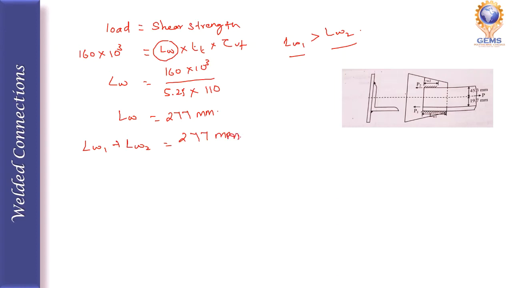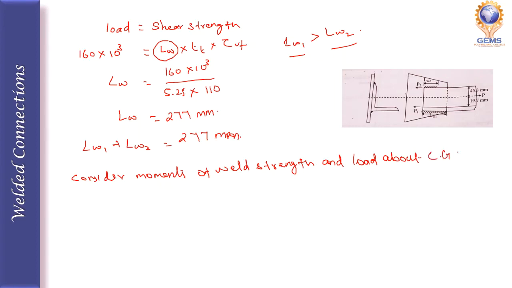Then how can we find LW1 and LW2? We can find them by considering moments of weld strength and load about the center of gravity of the angle section. So from here we are considering the moment.